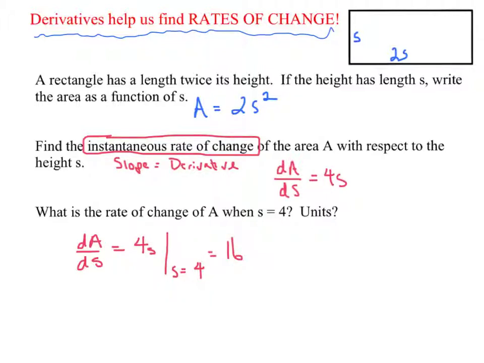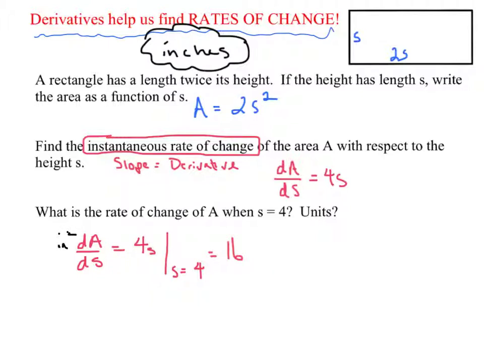Now in terms of units, and this is why I like Leibniz notation so much, I didn't provide a unit here. Let's say that the rectangle was, everything was in inches. Let me put that up at the top. The units for area is inches squared.